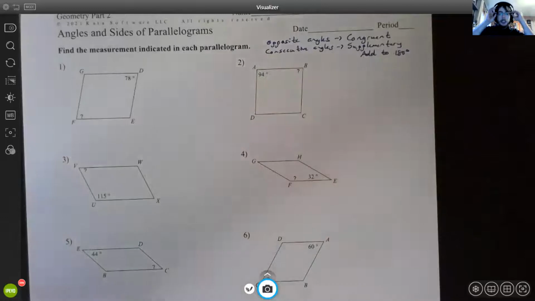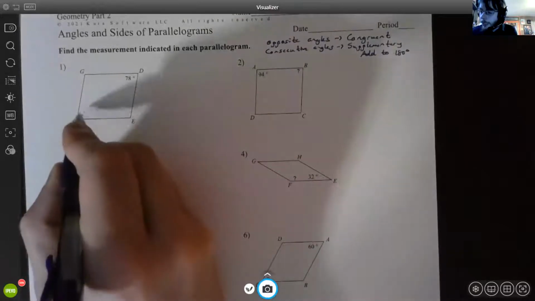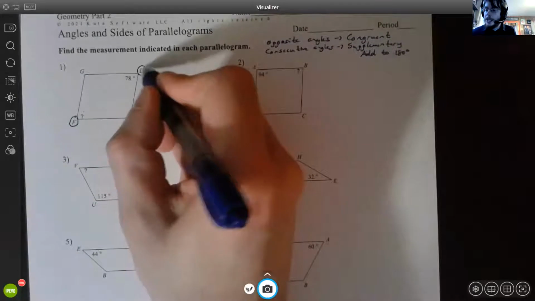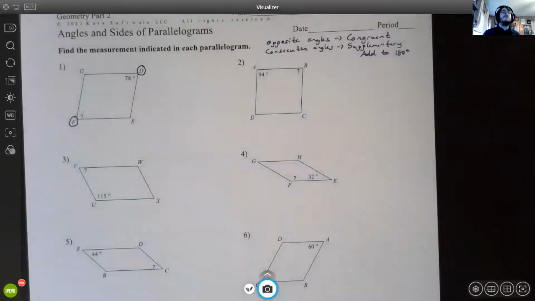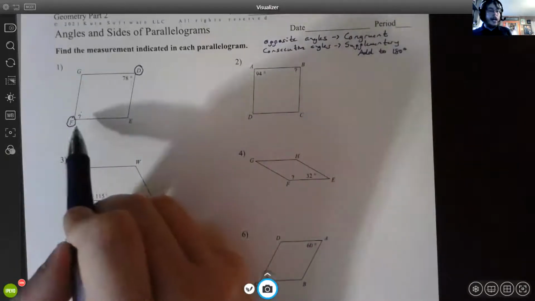So let's look at these. Number one, we're wanting to find this angle here. We're wanting to find angle F, and we're given angle D. So if we want to find the angle, we're given another angle, we need to determine whether those angles are opposite angles or consecutive angles. So let's look at this. For them to be consecutive, they have to be touching.